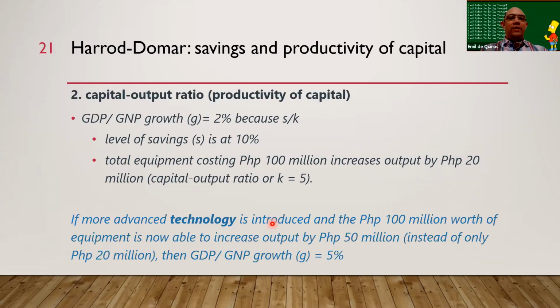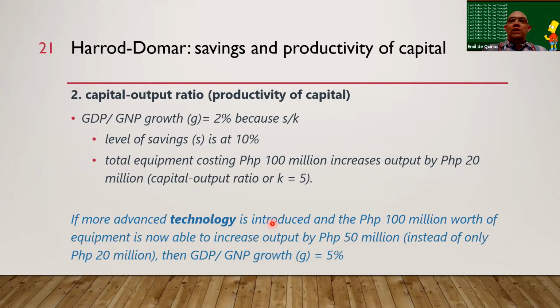The second thing he wanted to emphasize is capital output ratio. We've discussed it. It's basically the productivity of capital. It's what your additional capital, the investment you make, will produce, how it will increase production.